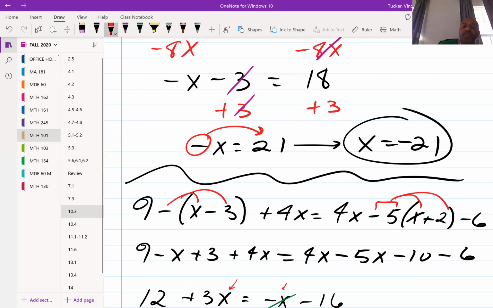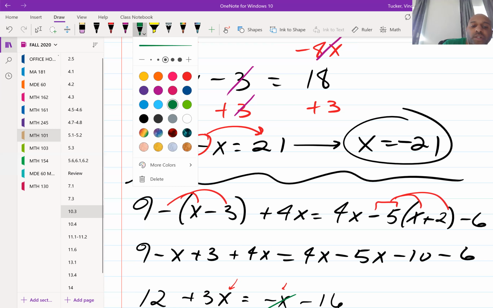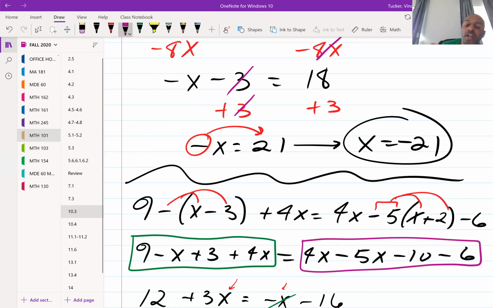All right. So now, once again, what we want to do is simplify as much as we can over here. Simplify as much as we can over here before we move things across our equal sign. So combining my like terms, on this left side, I have 9 and 3, which would be 12.